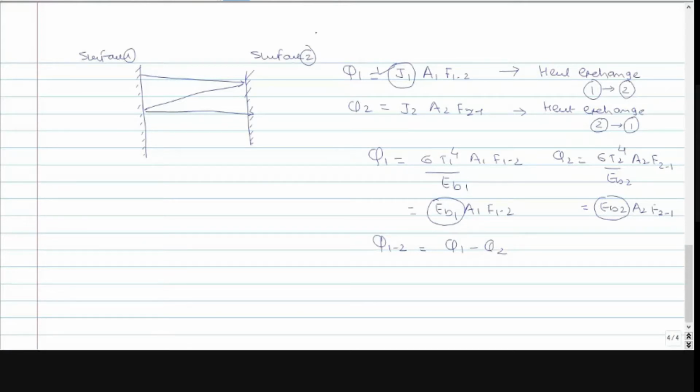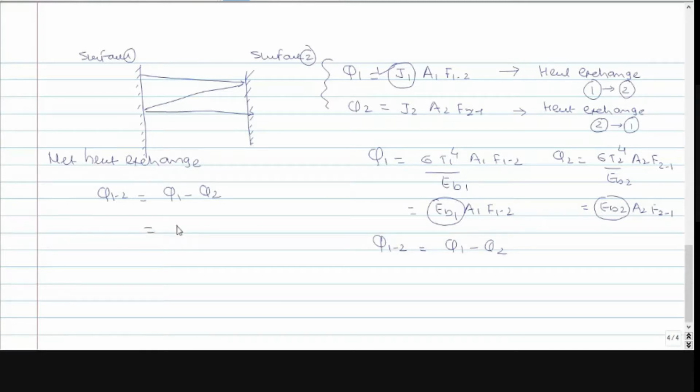So similarly, in this case also, we can write the net heat exchange. That is equal to Q12, which equals Q1 minus Q2.